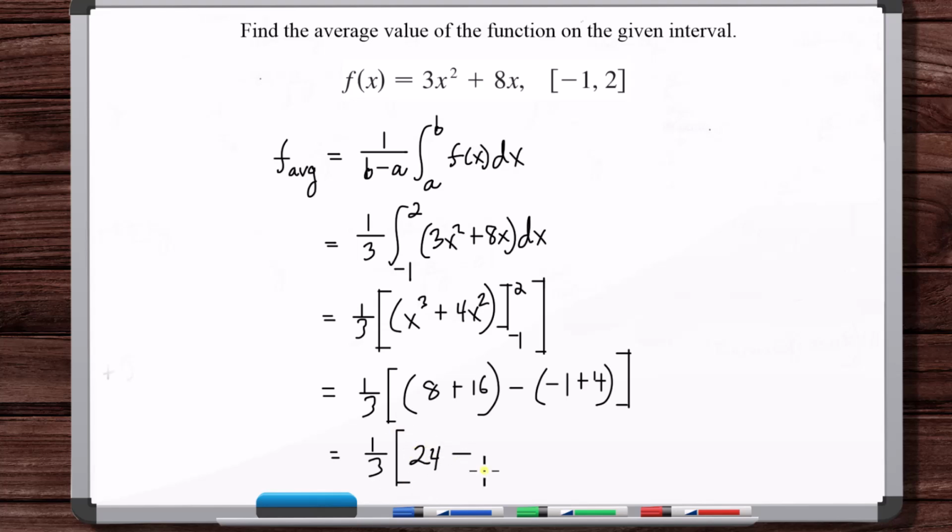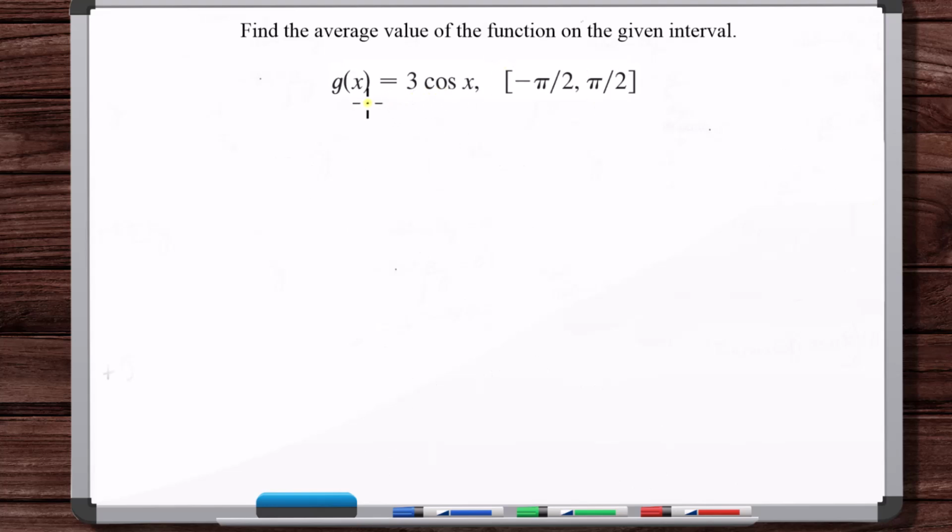So 24 minus 3 is 21. So 1/3 times 21, 7. That's it. That's the average value of the function over this interval.